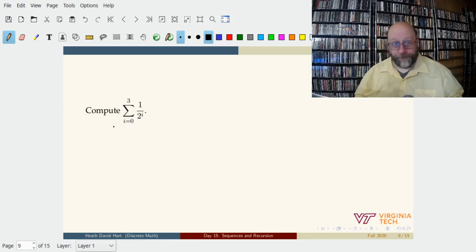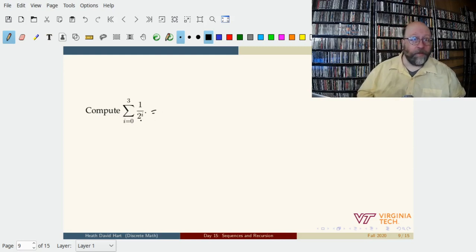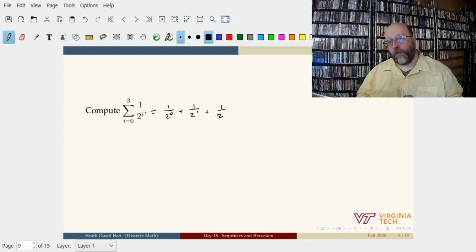For example, let's compute this term here. Starting at 0 and going to 3. This is a 0-based example. So this is going to be 1 over 2 to the 0 plus 1 over 2 to the 1 plus 1 over 2 to the 2 plus 1 over 2 cubed.